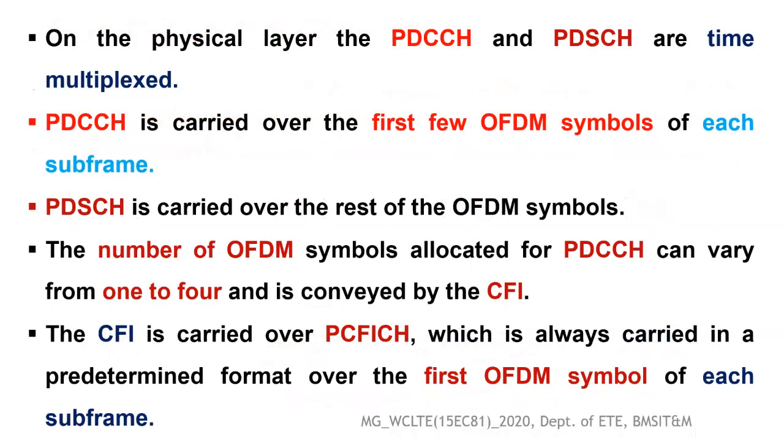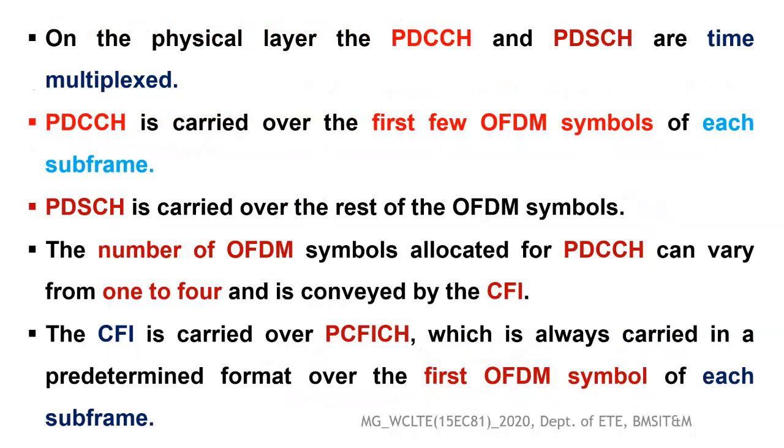On the physical layer, the physical downlink control channel and the physical downlink shared channel are time multiplexed. Time multiplexing is similar to TDM. The PDCCH, the physical downlink control channel, is carried over the first few OFDM symbols of each subframe.